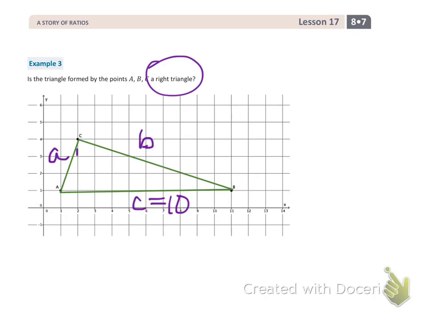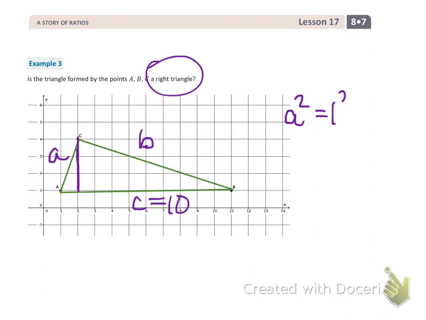I'm going to drop this right angle here down to the base of that triangle. So we can see that A squared, which is now the hypotenuse of this little triangle right here, right? So I'm just going to have to find each of these separately. A squared, the legs here are 1 and 3.